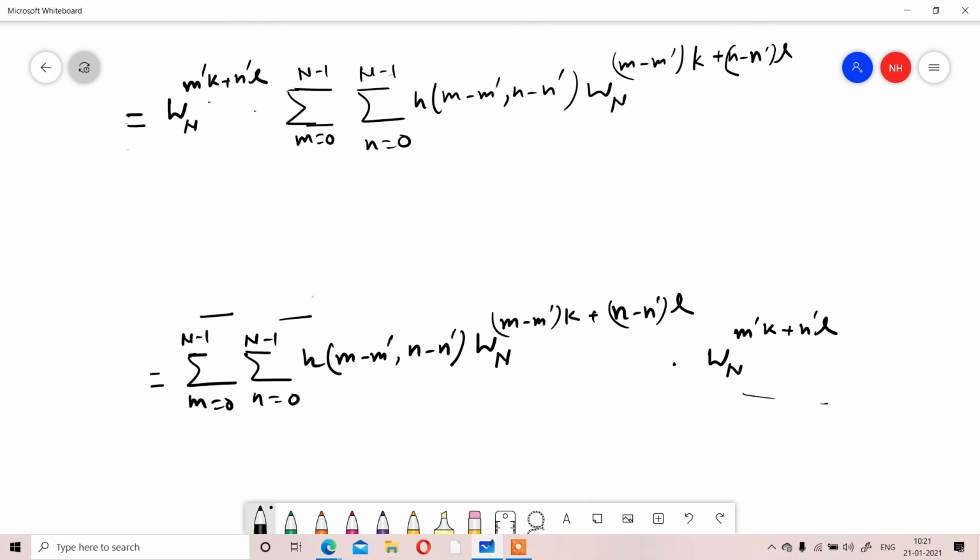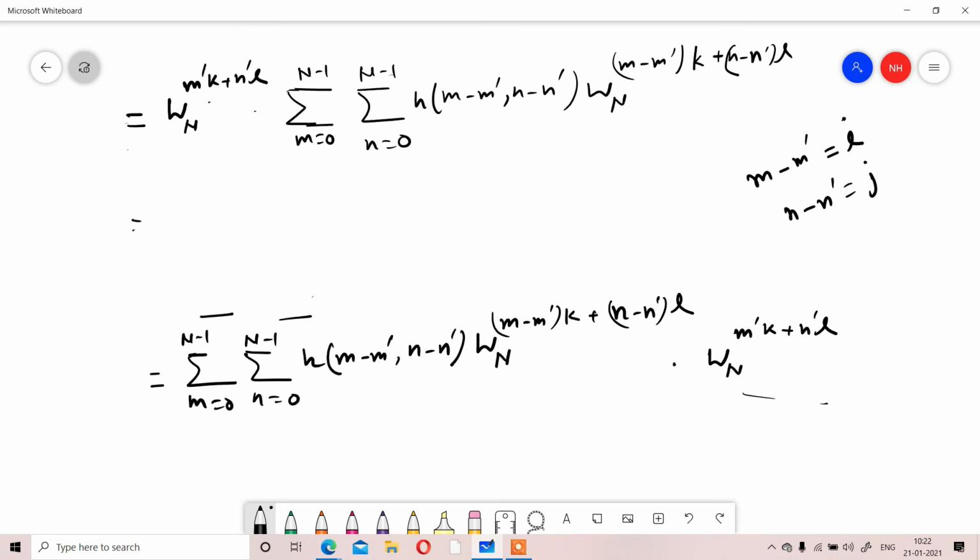After that, what we are doing, simply we are considering m minus m' equal to i and n minus n' equal to j.